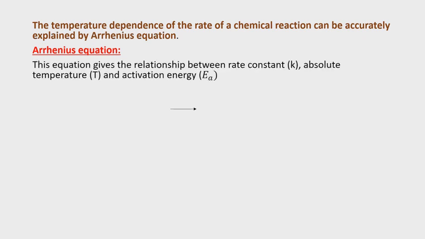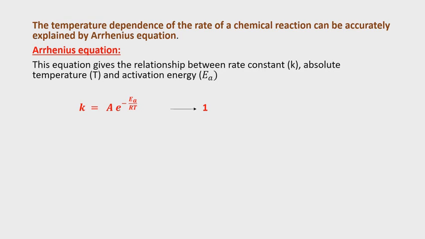This equation gives the relationship between the rate constant K, the absolute temperature T, and the activation energy Ea. Yes, this is the Arrhenius rate equation. It is very, very important. You have to remember and practice this equation.